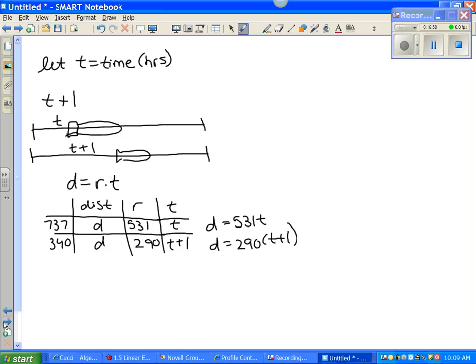So we want to know when they're going to be equal to each other, when they're going to meet up and be at the same distance. So same distance, meaning these two are going to be equal. 531T equals 290 times (T plus 1). Now we know how to solve this equation. We're going to distribute through that 290. We want to get all the T's to one side.